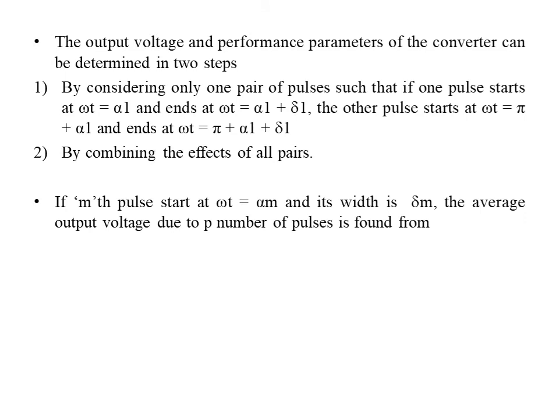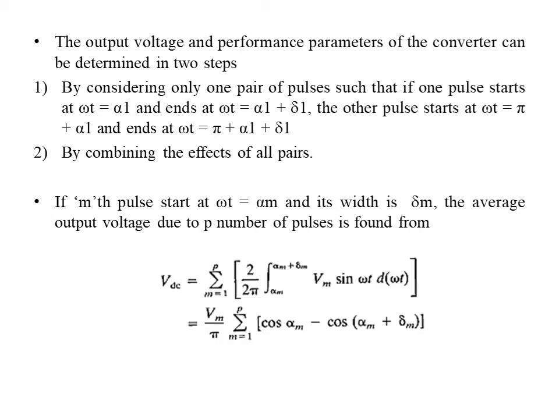If the m-th pulse starts at omega t is equal to alpha m and the width of that pulse is delta m, the average output voltage due to p number of pulses in pulse width modulation is found from the equation VDC is equal to summation m is equal to 1 to p of 2 divided by 2 pi integration alpha m to alpha m plus delta m Vm sin omega t d omega t.